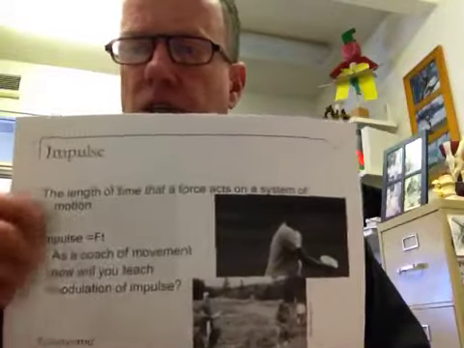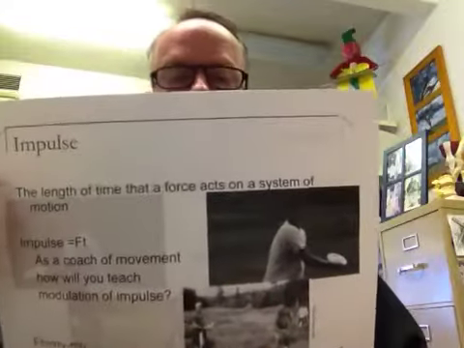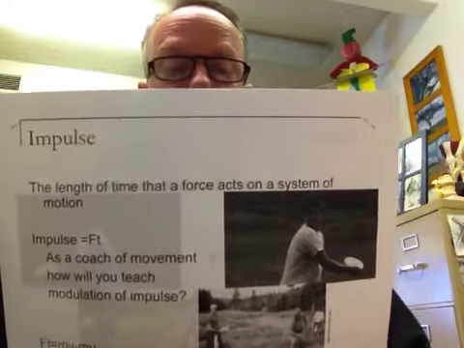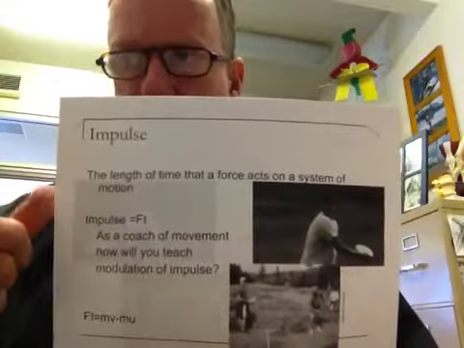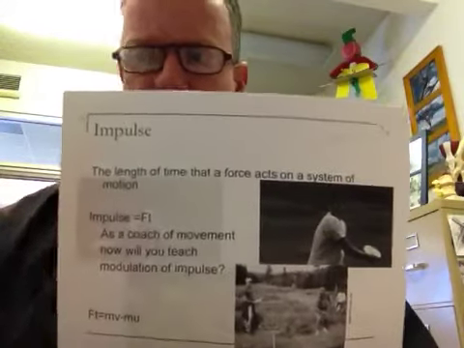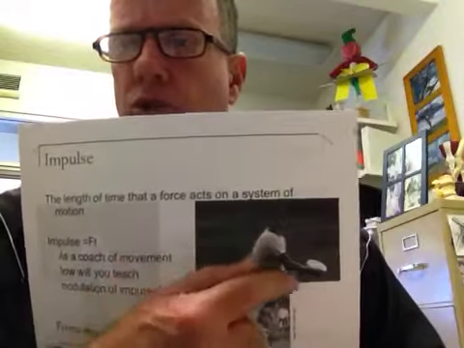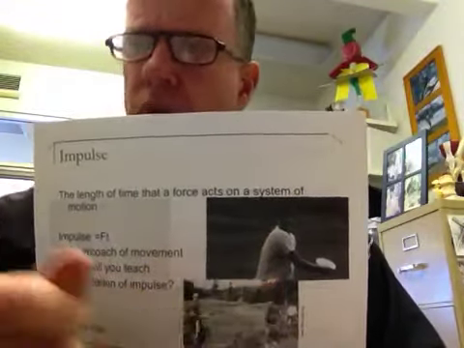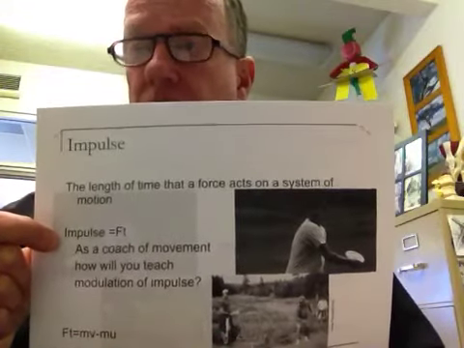I'm going to come back to linear displacement and put it in the context of the Frisbee. The length of time that a force acts on a system of motion is impulse. So impulse, linear expression, is force times time. Done that. So here is a man who's throwing the Frisbee for distance. What should his most effective impulse be?